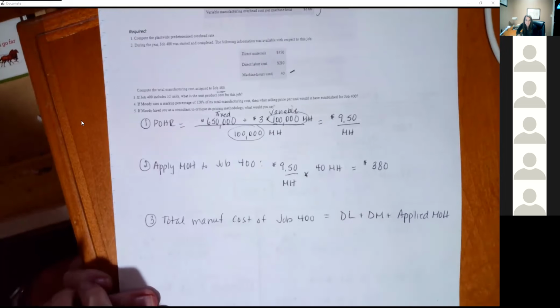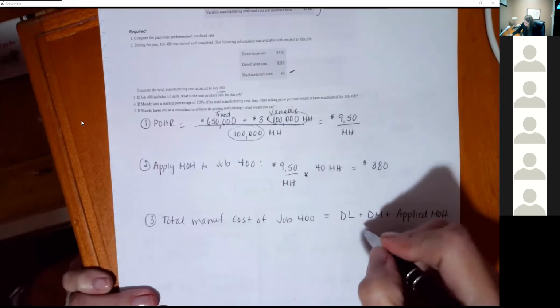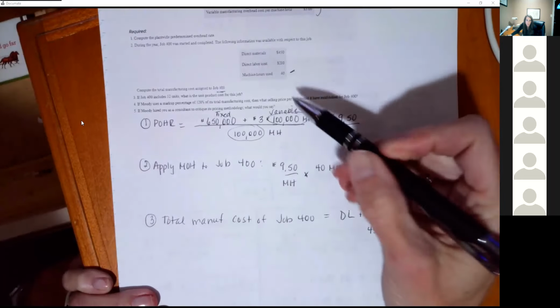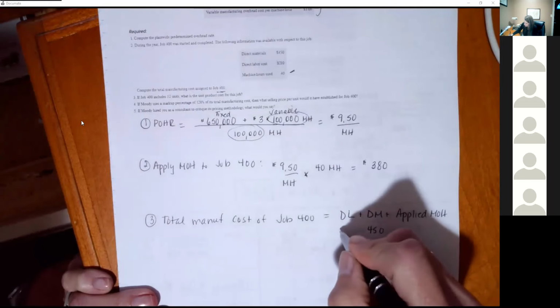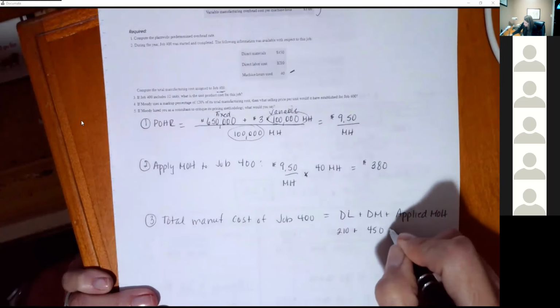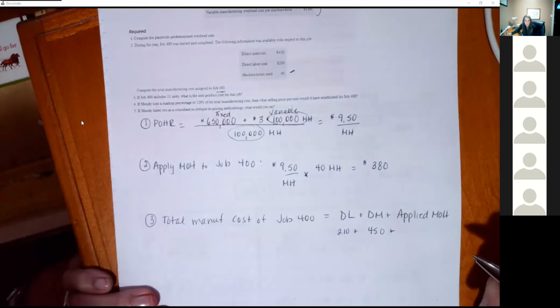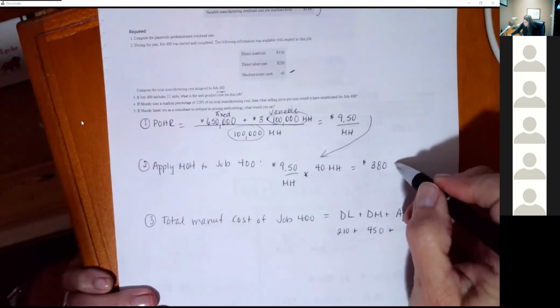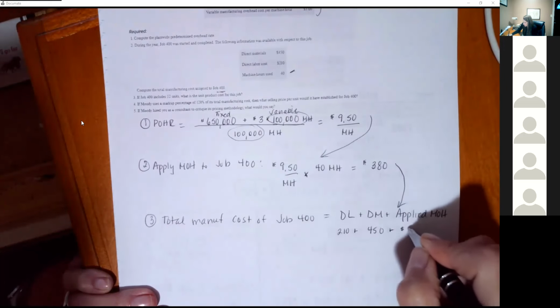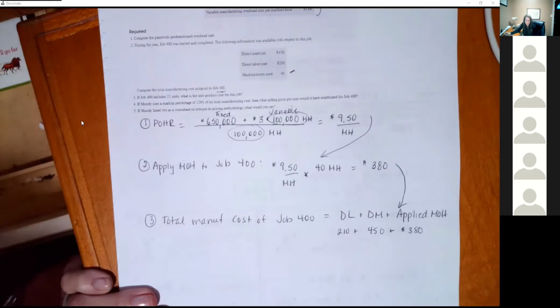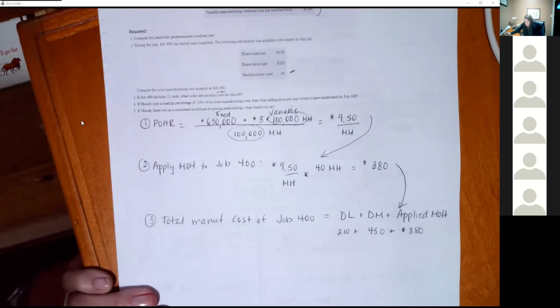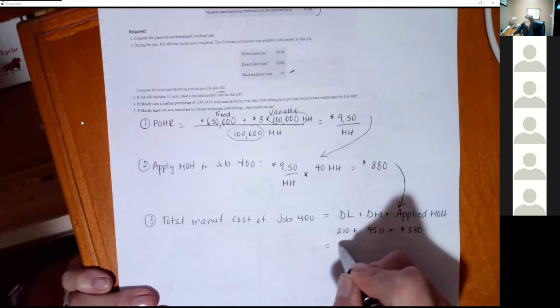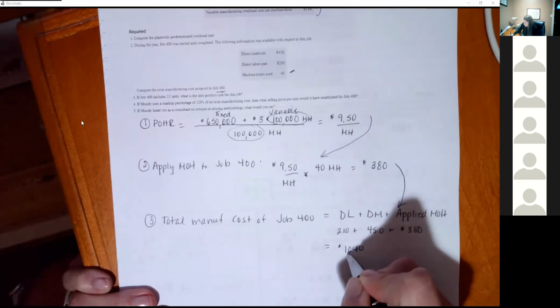Yes, 450 and 210. Right, good. They tell me for this job, these are my costs. And what's my applied overhead? 380. Yeah, like all these numbers, they just move on to the next step. So this is 380. So the total cost for this job is 1,040.